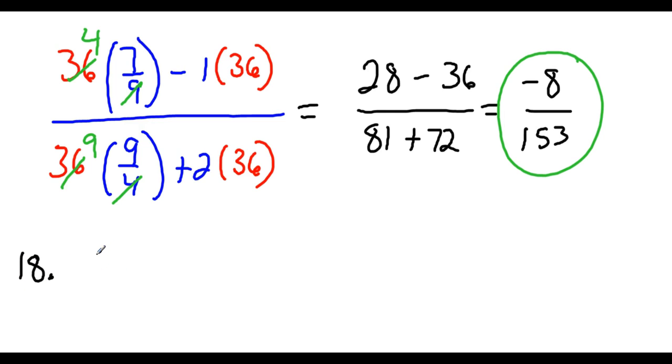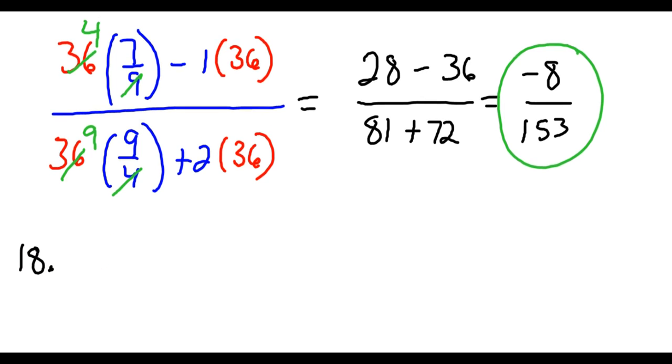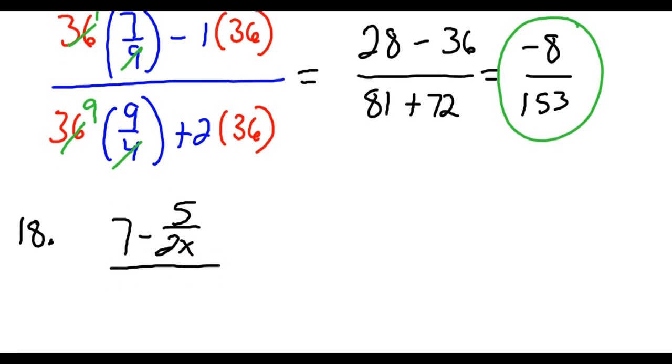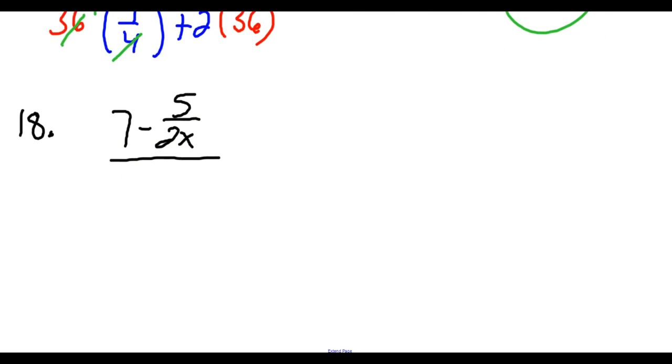Okay, and one more complex fraction with the same directions of just simplify. But this one they throw a variable at you. So we've got 7 minus 5 over 2x on the top, 5 over 2x minus 3 on the bottom.